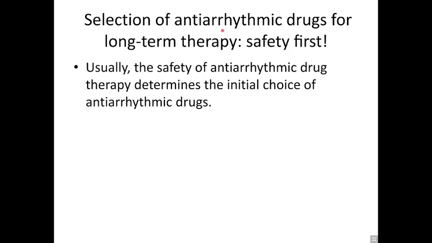Selection of antiarrhythmic drugs for long-term therapy. Safety first. You need to think about the safety of these drugs for this patient before you start treatment. In our previous lecture, we discussed antiarrhythmic drugs in general, and we said, for example, amiodarone, of course, is a very effective drug.